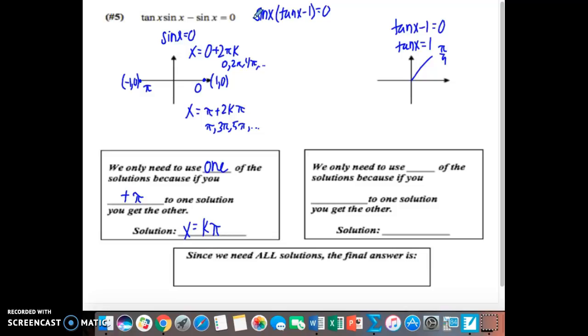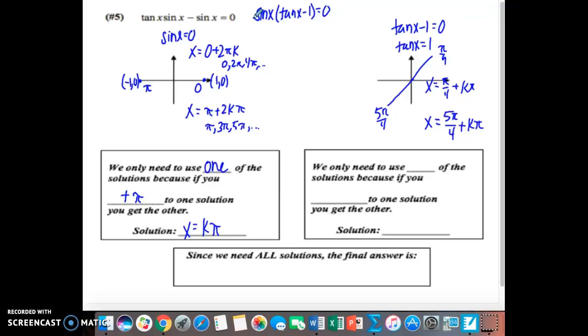And tangent is positive in the first and third quadrants, where the theta value is 5 pi over 4. So now our two formulas are x equals pi over 4, and instead of adding 2k pi, we just need to add k pi, because the period for a tangent graph is only pi. So we have x equals pi over 4 plus k pi, and x equals 5 pi over 4 plus k pi.